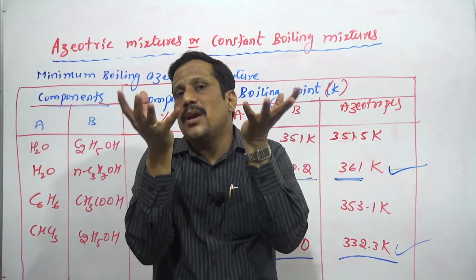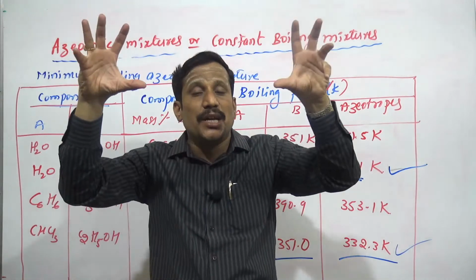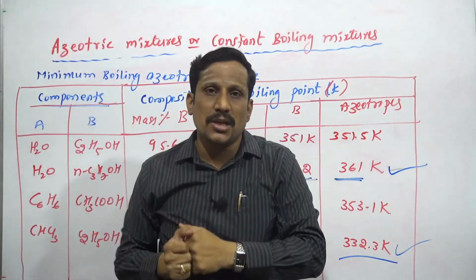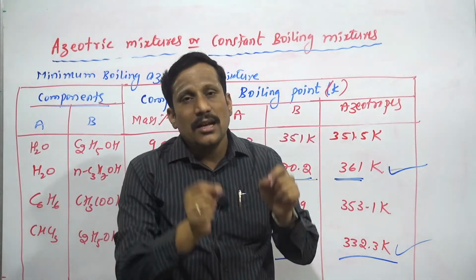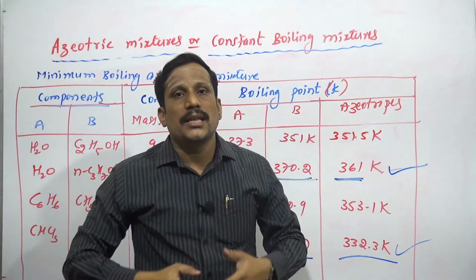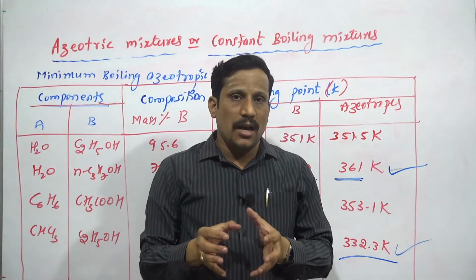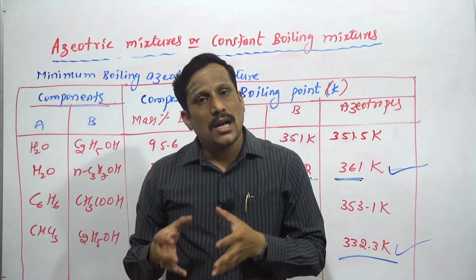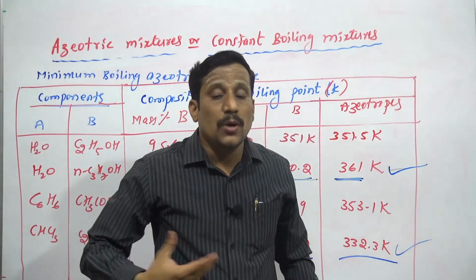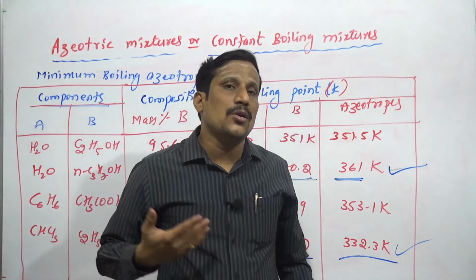Sufficient number of vapors are formed. Then they are equal to the atmospheric pressure. So that is why water boils at 100 degrees centigrade. So what I mean to say is that those liquids which produce more vapor pressure, produce more vapors, their boiling point will be less.